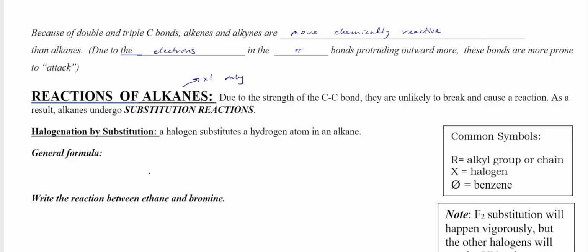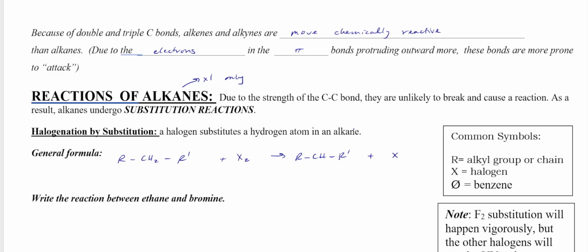So the general formula for halogenation by substitution, whereby a halogen substitutes a hydrogen atom in an alkane, is we have R CH2 R prime, okay, plus X2 goes to form. And this is where having maybe a red, a blue, and a black pen comes in handy. We're going to continue to draw this in blue.